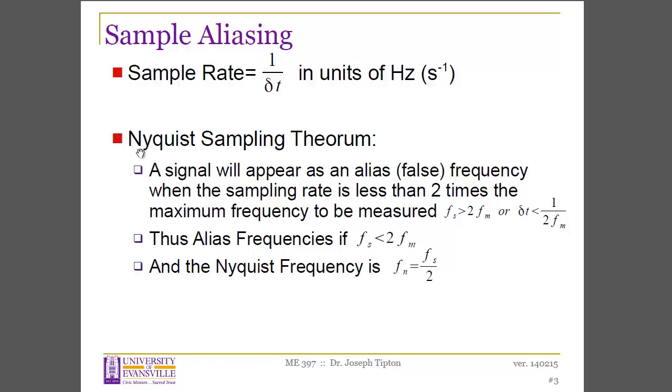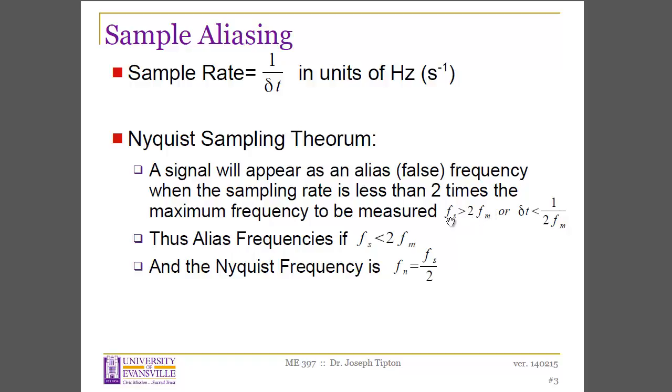Now, the important theorem here is called the Nyquist sampling theorem. And it tells us that a signal will appear as an alias or a false frequency when the sampling rate is less than 2 times the maximum frequency you want to measure. So your sampling frequency, f sub s, must be greater than 2 times the measured frequency.